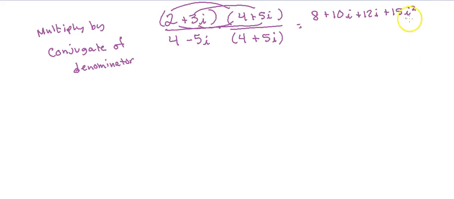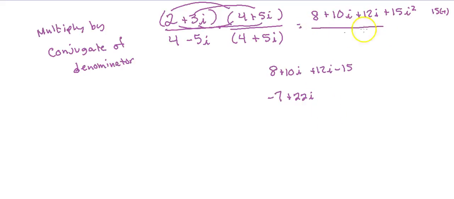Replace the i squared with negative 1. So that would be 15 times negative 1, or minus 15. So I have 8 plus 10i plus 12i minus 15. That becomes 8 minus 15, that's negative 7, plus 22i. That's my numerator.